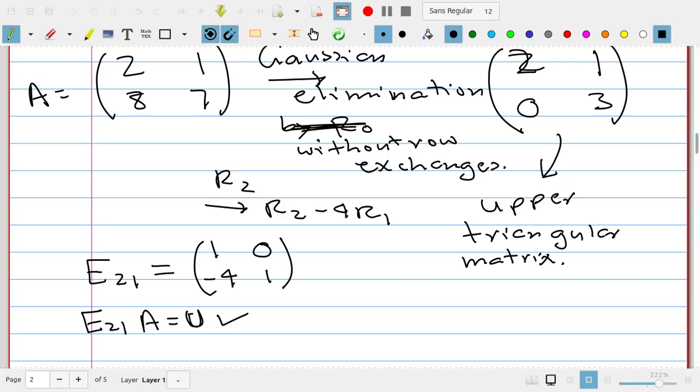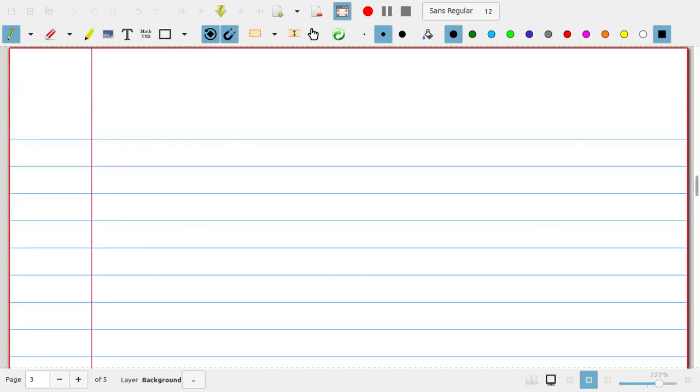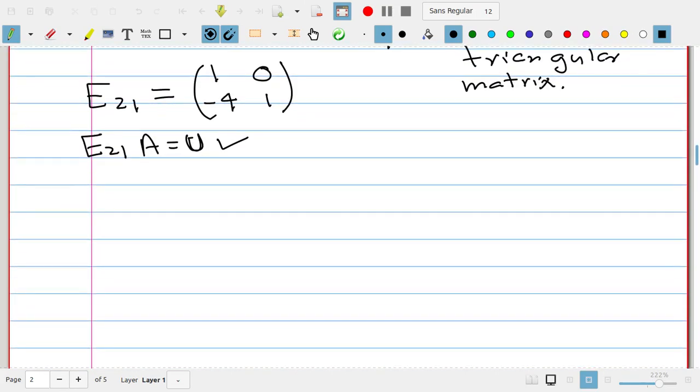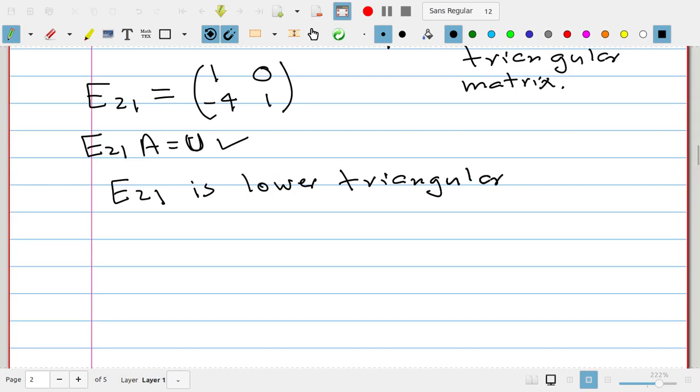Now, notice one thing, that E21 is lower triangular, right? Because there are no non-zero entries above the main diagonal.